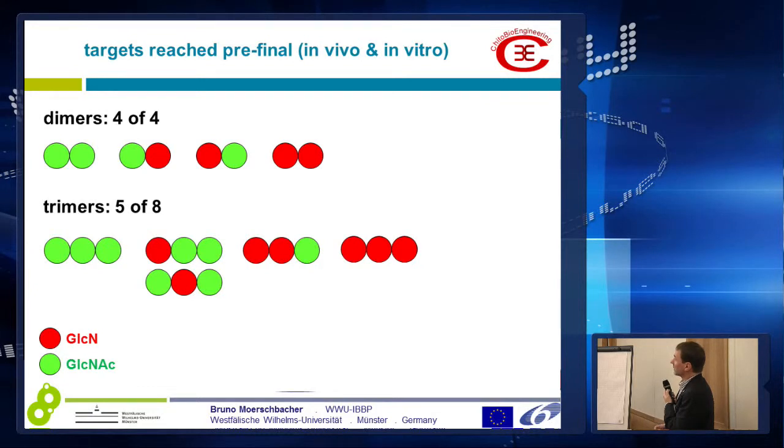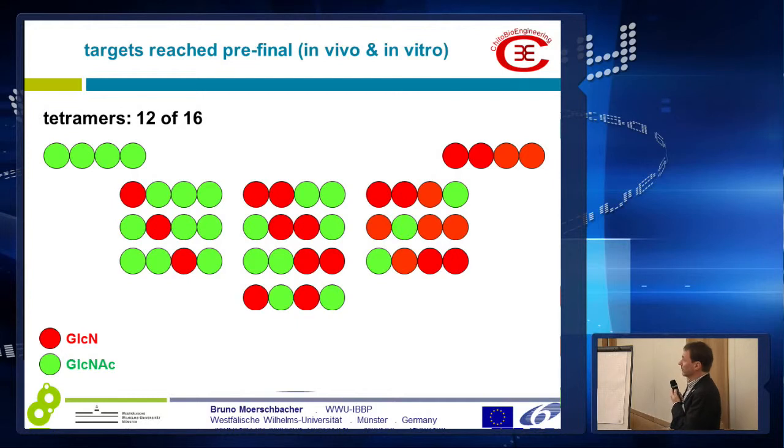Now at this time when we are almost finished with the project, we can generate dimers. All 4 different dimers are possible to produce. Out of the 8 possible trimers, we can produce 5 different ones, as you can see here. If you go for the tetramers, out of the 16 possible tetramers, we can produce 12 different ones. There are still a few missing.